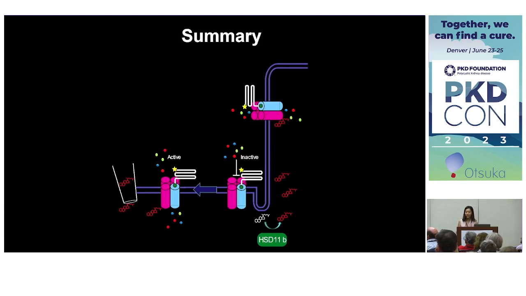So polycystin complex is an active channel within primary cilia. However, it's inactive in the plasma membrane. It's because there are cilia-associated oxysterols in primary cilia, and that activates the polycystin complex. And when we injected these oxysterols in the cytoplasm, we were able to detect the channel activity.